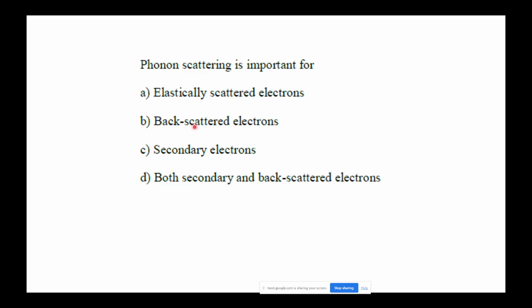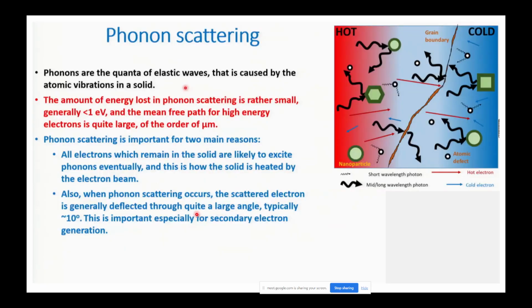So yeah, this is important for what? Elastically scattered electron. Here it is saying that when phonon scattering occurs, the scattered electron is generally deflected through quite a large angle. This is important especially for secondary electron generation. So when there is no phonon scattering, then it can't be.